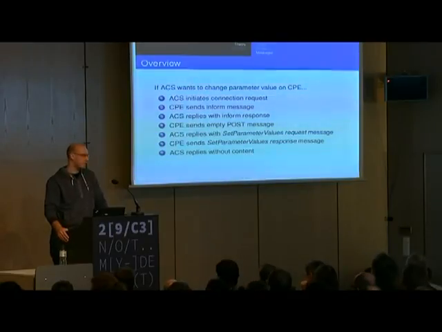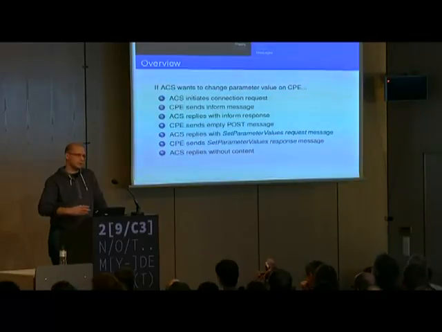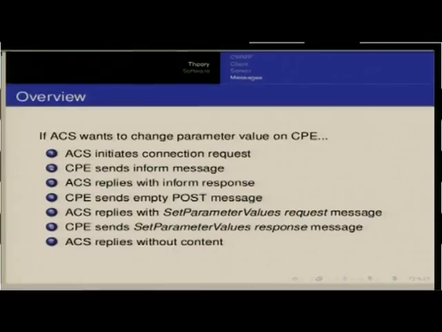In CWMP, an empty POST message means that the party that sends it has nothing to say. So the ACS can send an empty reply, or it can send a 204 no content message. Okay, so the ACS replies, for example, with a SetParameterValues request message.